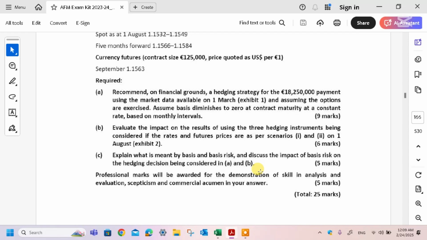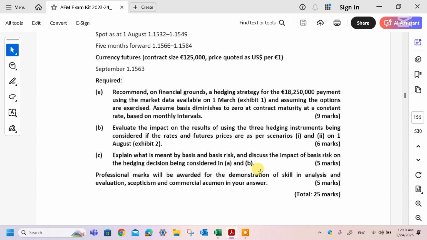However, in reality, due to several factors such as supply and demand of currencies, interest rate fluctuations, unexpected events, the linear relationship between the basis and time may not hold.